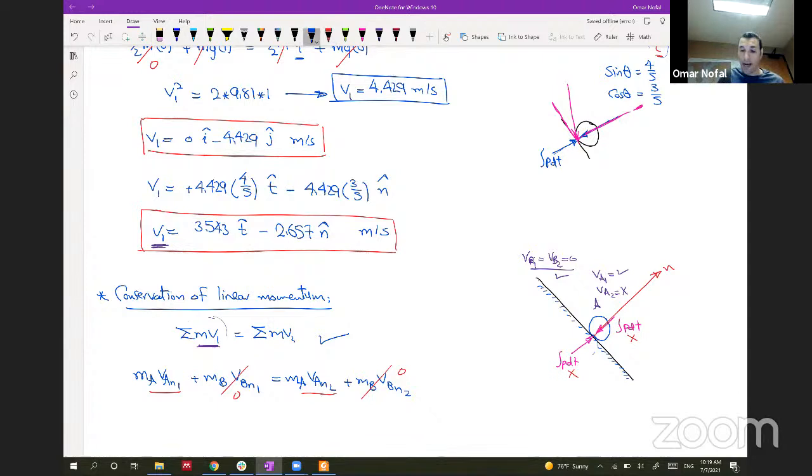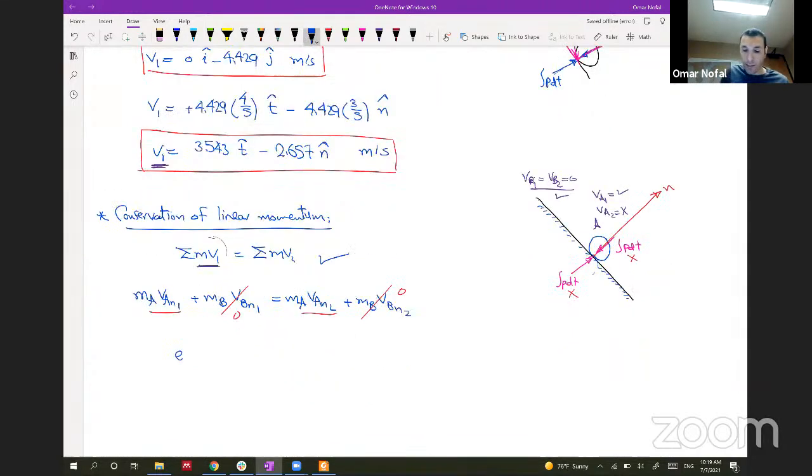And also you can get this from the restitution coefficient. E will be equal to VBN2 minus VAN2, over VAN1 minus VBN1, applied in the n direction.